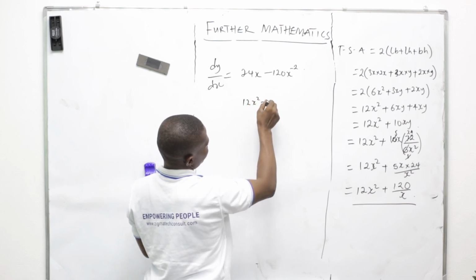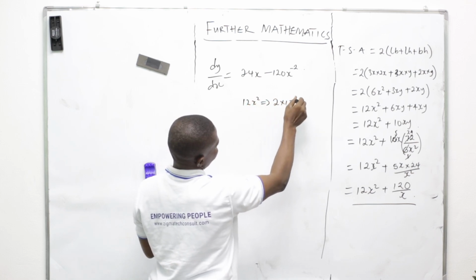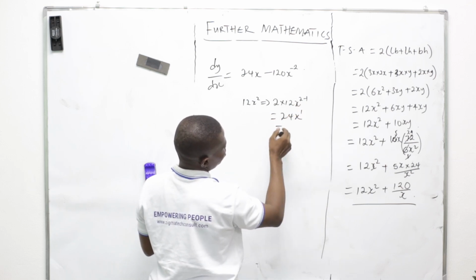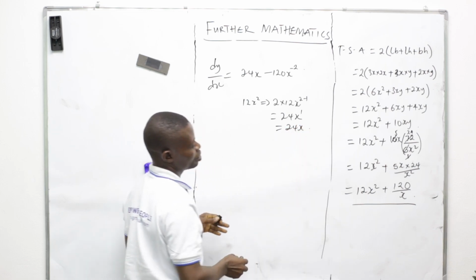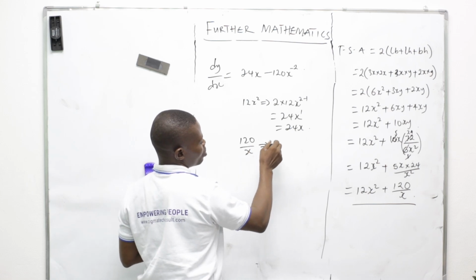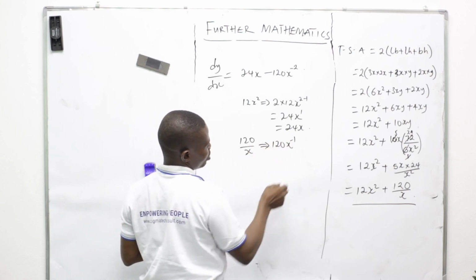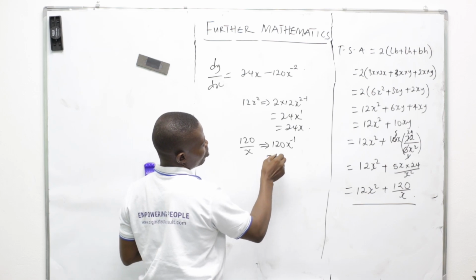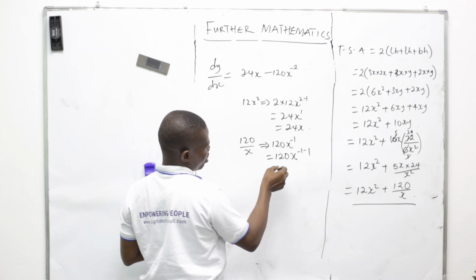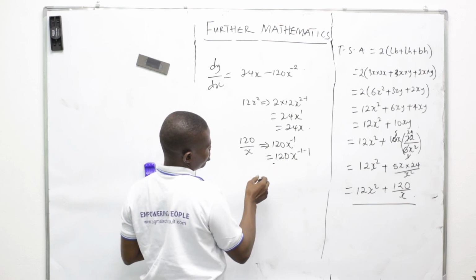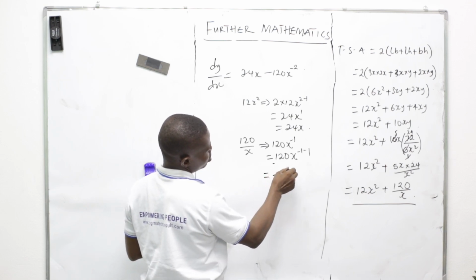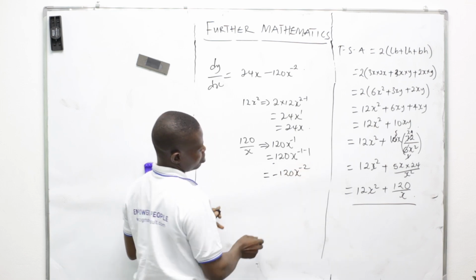12x squared implies 2 times 12x to the power 2 minus 1 to give us 24x to the power 1, which is 24x, okay? The 120 over x implies 120x raised to the power minus 1, meaning 120x to the power minus 1 multiplied by minus, that is, minus 120x to the power minus 2.